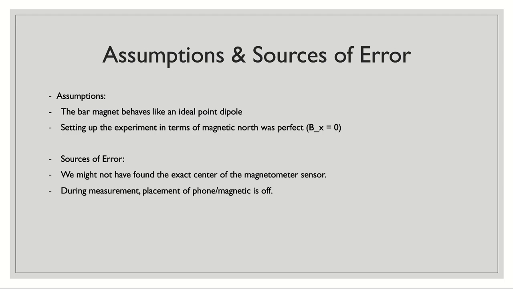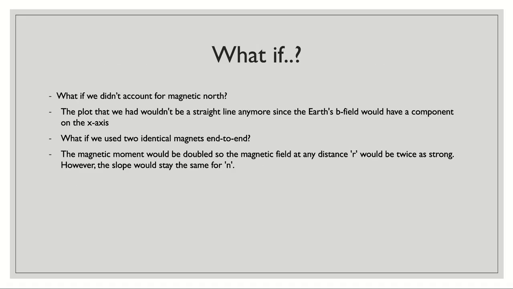As for sources of error, we might not have found the exact center of the sensor; it could have been a bit off. And when carefully placing the phone down where it should go, it wasn't completely stable.